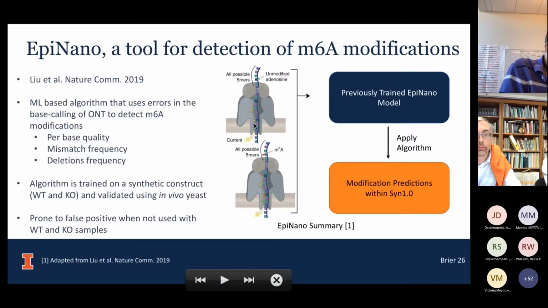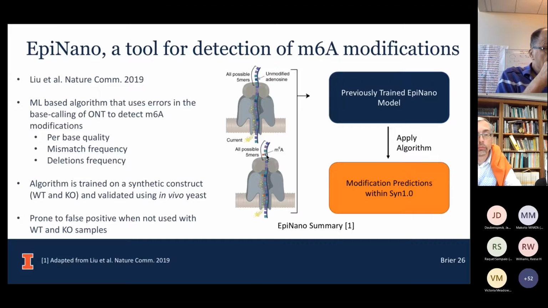What I'm showing here is an example from the paper of the summary of it. Unmodified bases, as they go through the pore, are going to be read as their canonical bases. But in this case we have a modified base. Instead of being read as an A, it could be read as a C or something like that.